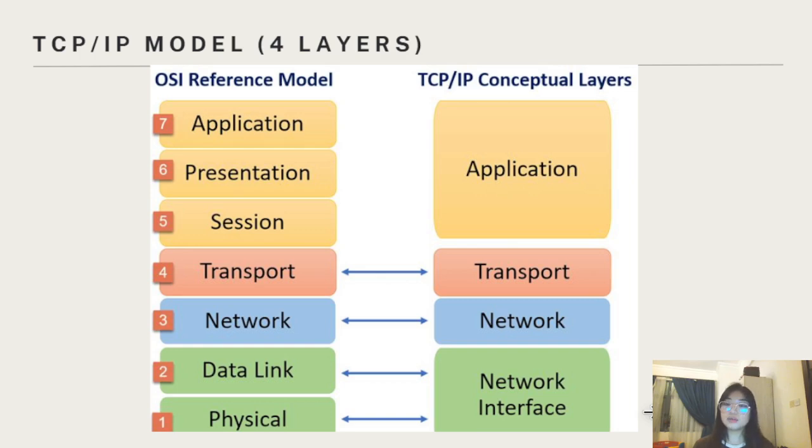And then the second layer, the network or internet layer, handles logical addressing and routing of data packets just the same way. And then the transport layer provides reliable data transfer and error checking, just the same way as the heart of OSI. And then the application layer supports network applications and protocols like HTTP, FTP, and SMTP.